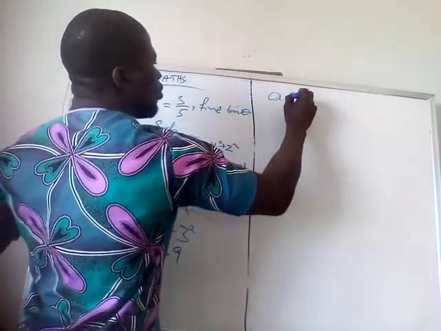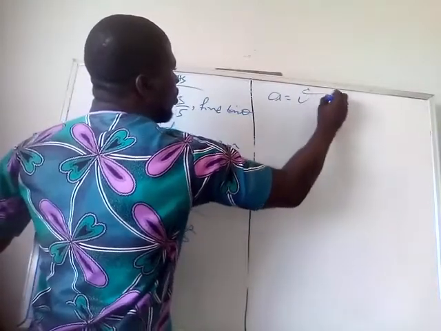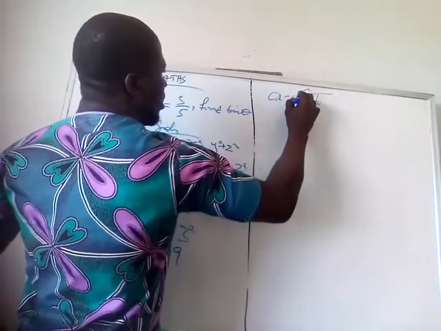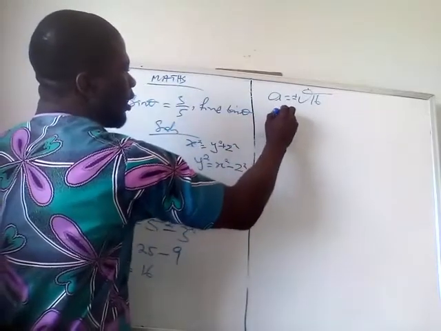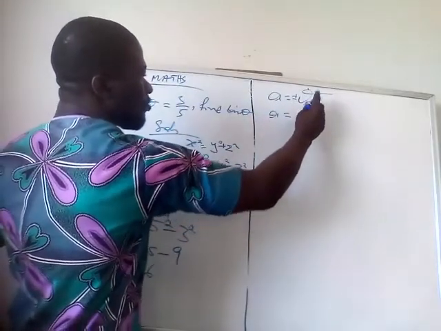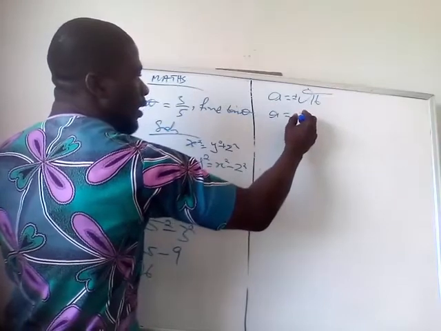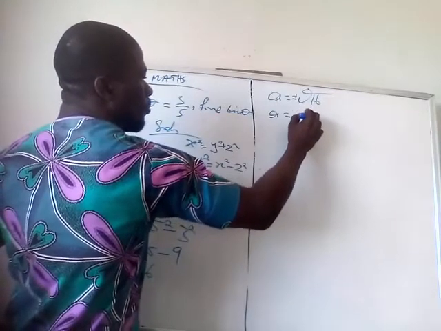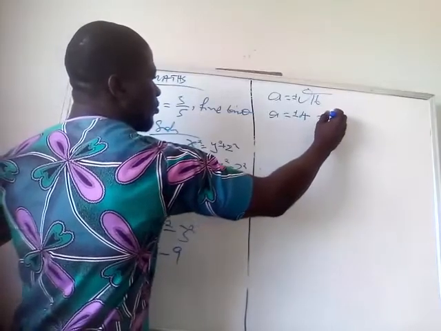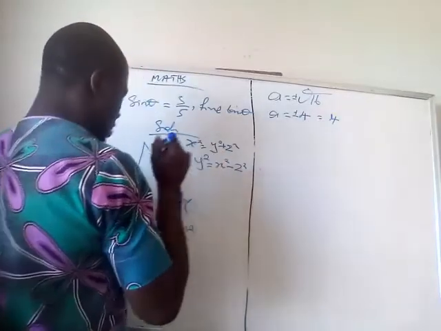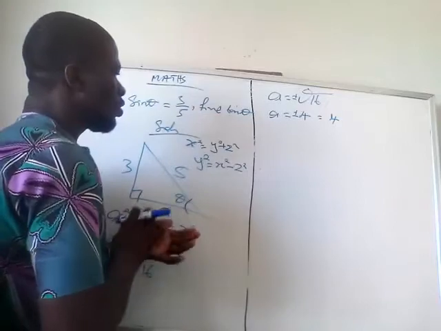A is equal to square root of 16. Remember, plus or minus. So our A finally will give us 4, plus or minus 4, but we are taking the positive one.